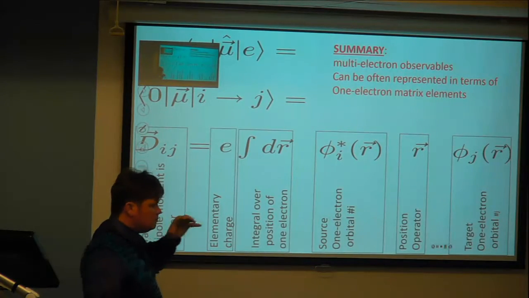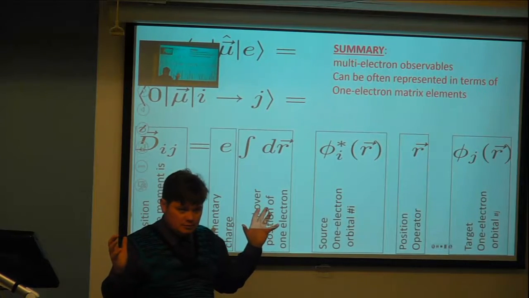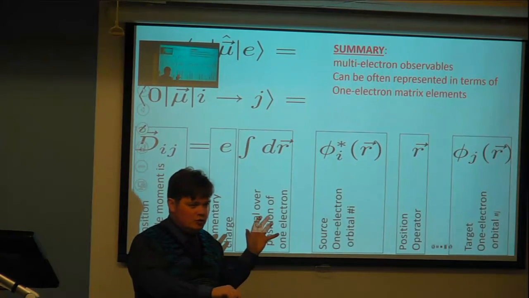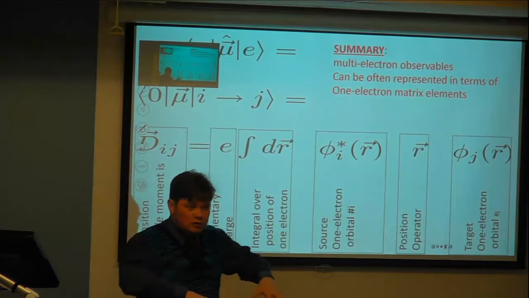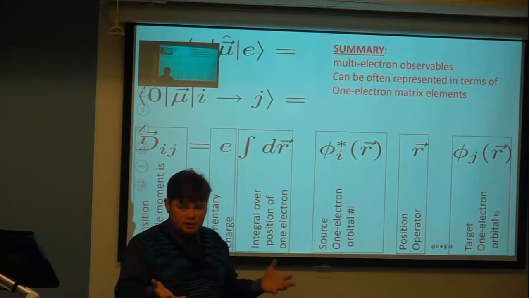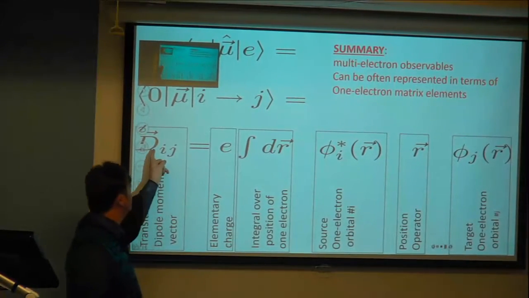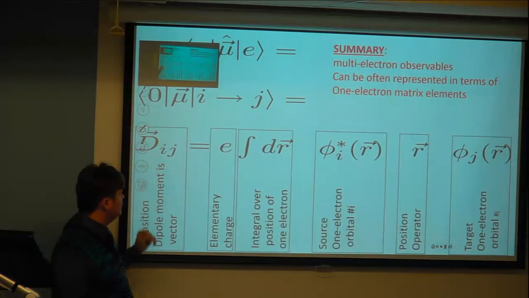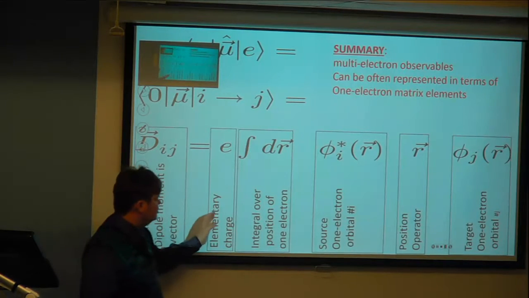So, a many-electron system experiences the interaction with light. The elementary process is when light promotes one electron from an occupied to an unoccupied orbital, and all other orbitals stay unchanged. Therefore, they do not contribute to this quantity, which is called the transition dipole matrix element. So, what is the elementary charge?